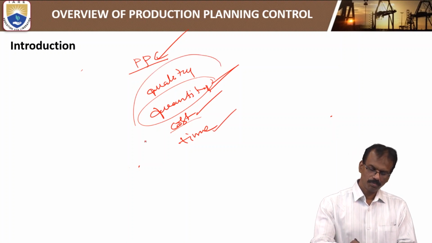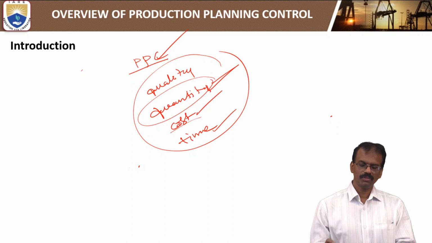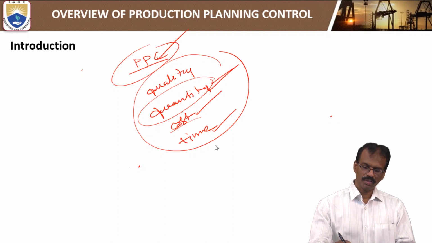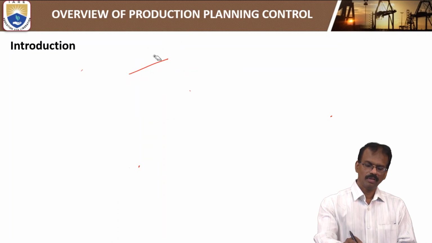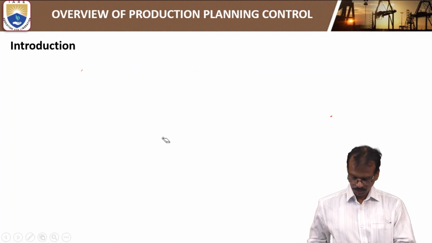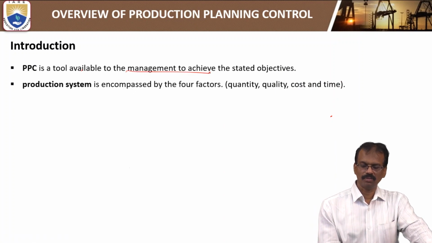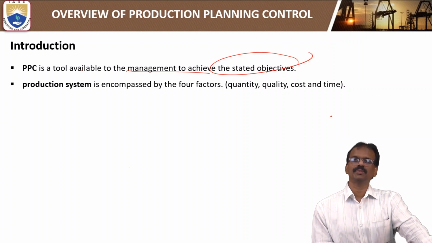For quality production, the required quantity, cost-oriented and timely providing of the products, PPC, production planning and control, is a very important technique or tool. PPC is a tool available to management to achieve the stated or pre-planned objectives.